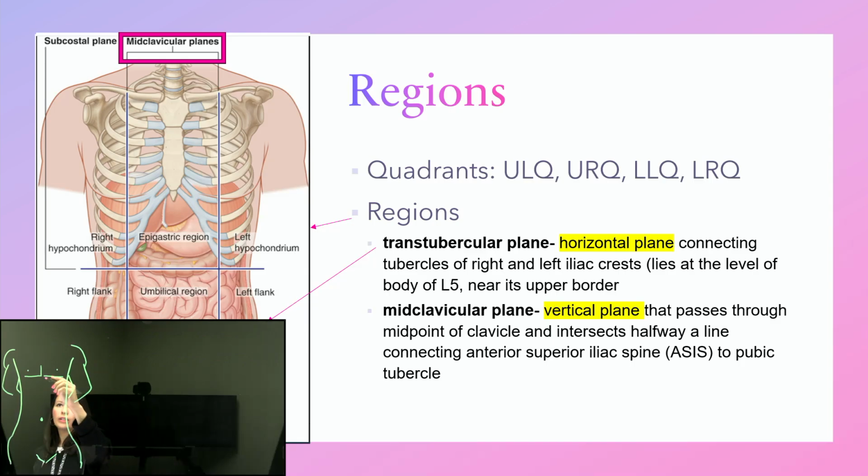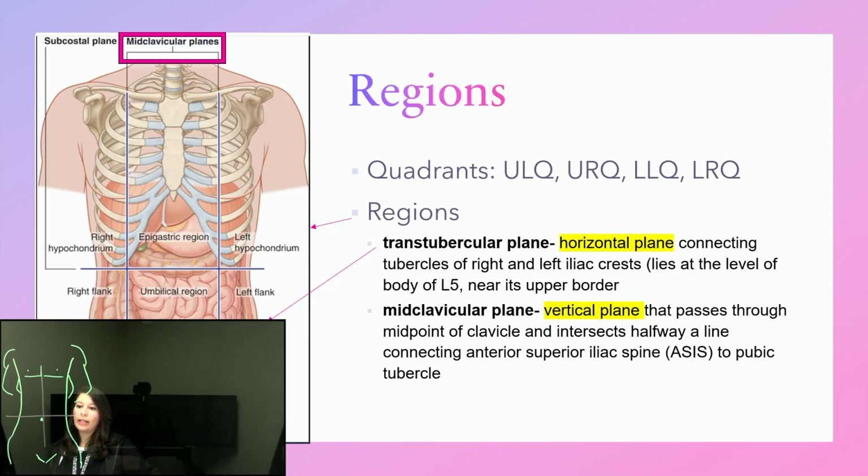If you were an undergrad and probably already took A&P, you probably remember this from your A&P course, where the quadrants are just two lines that intersect in the area closer to the belly button.